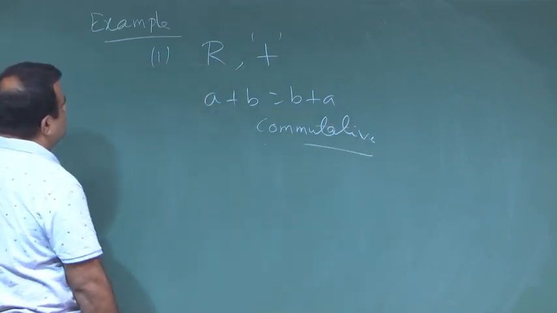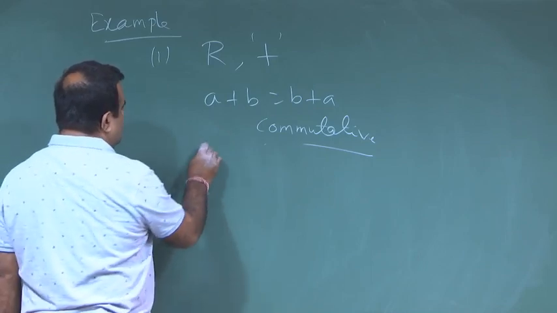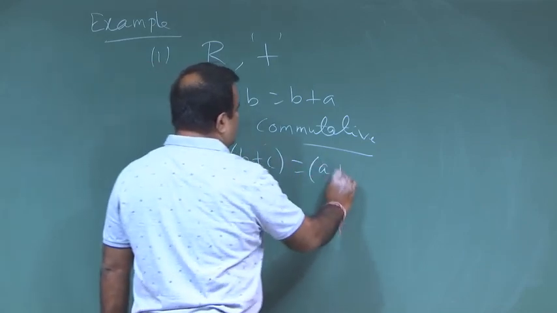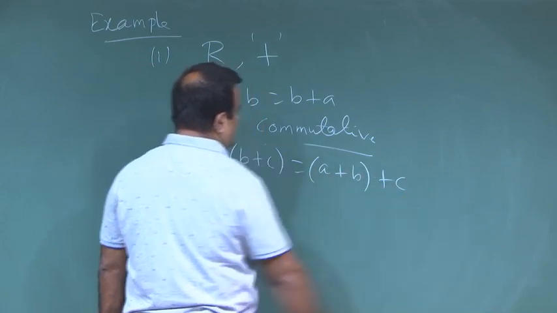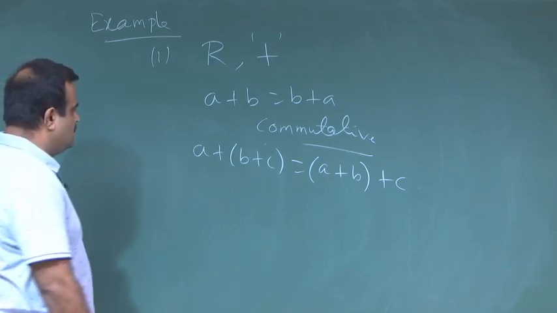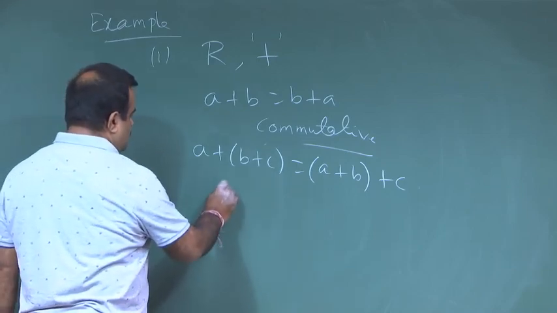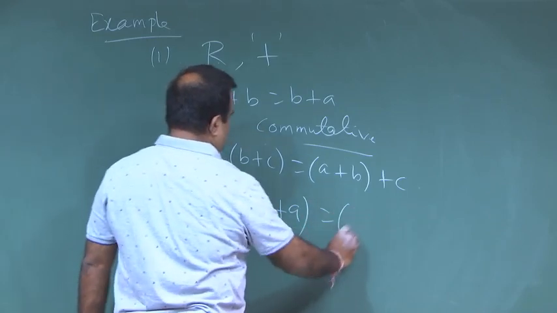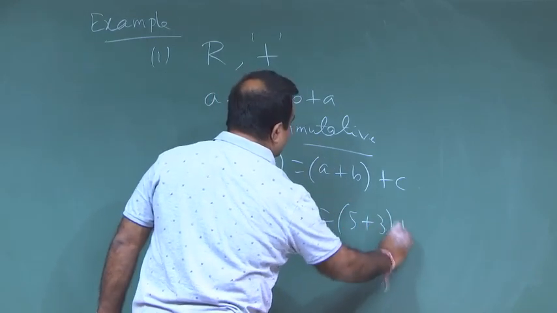Also it is associative because (a plus b) plus c is the same as a plus (b plus c). We can take any three real numbers, fractions also are okay, (5 plus 3) plus 9 is equal to 5 plus (3 plus 9).